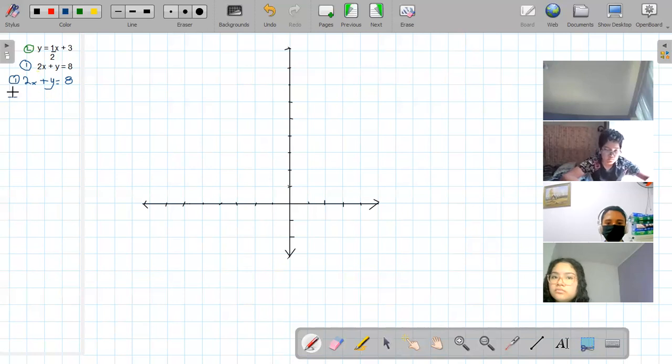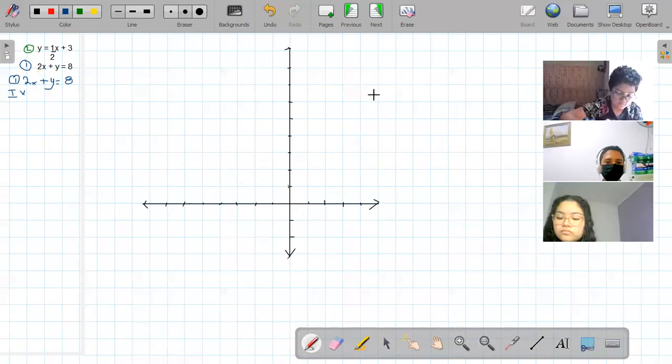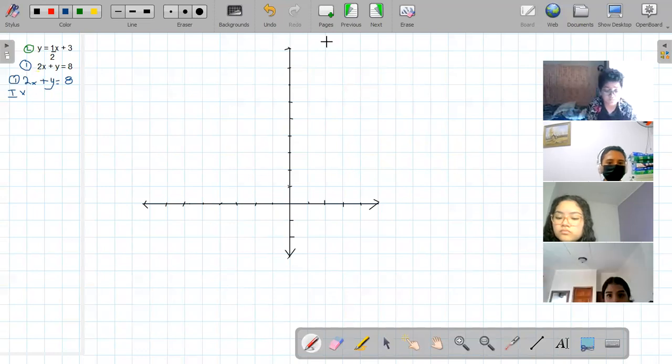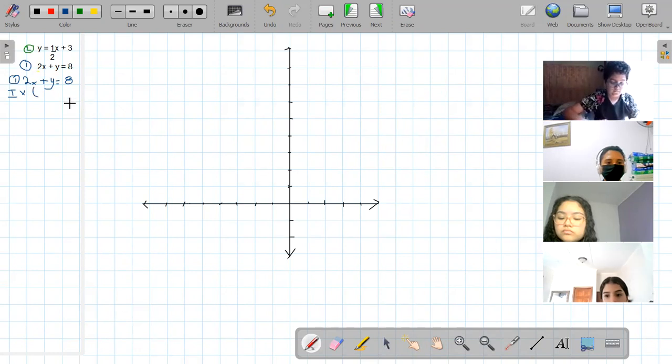Intercept in x. What's the intercept in x? How do I find the intercept in x? When y is 0.